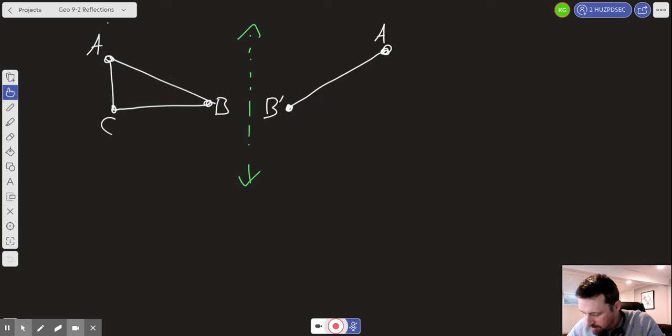A prime will be far away from the line. And so just like you would see it in a mirror, the points get reflected like this. And we call them B prime, A prime, and C prime. These two triangles are facing in opposite directions, so we would say they have opposite orientations.